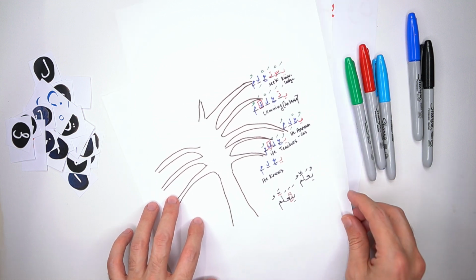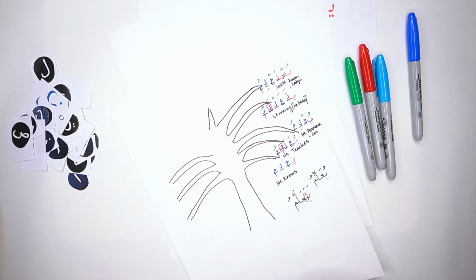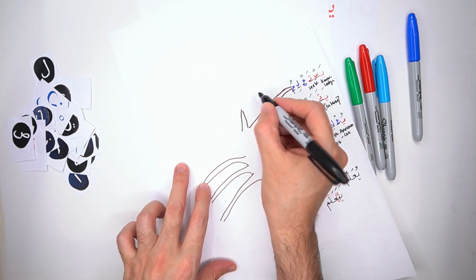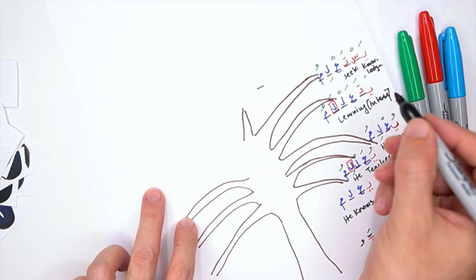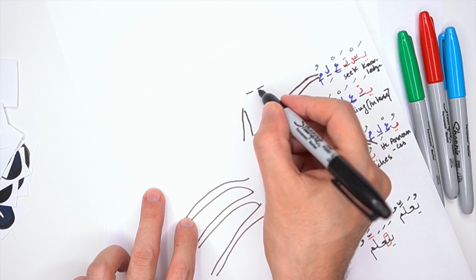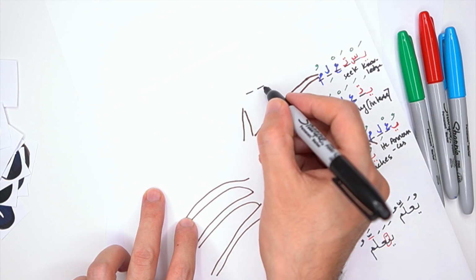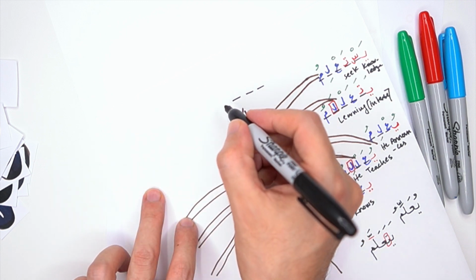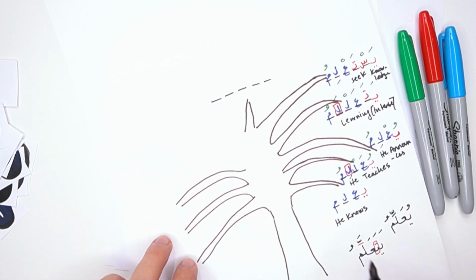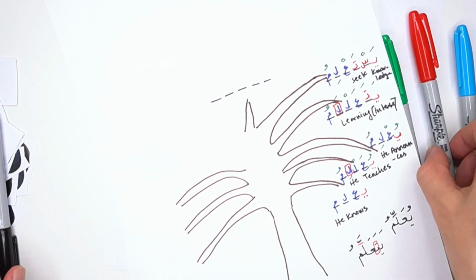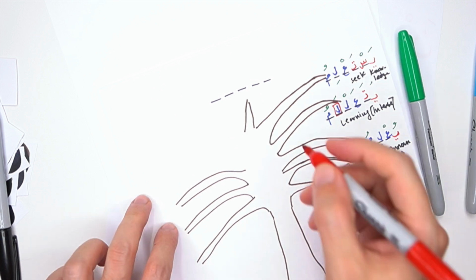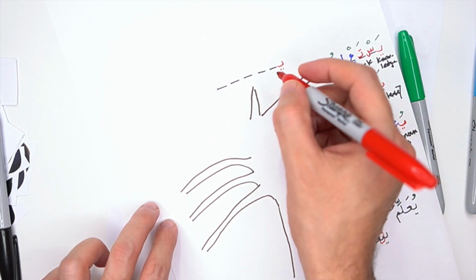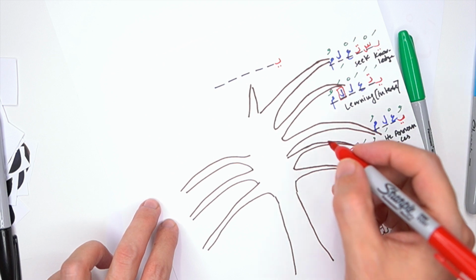The next one that we are going to cover is another one. So how does this work? You've got a ya over here, and then you have an extra letter.